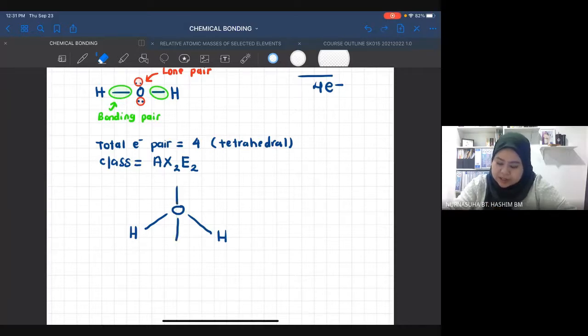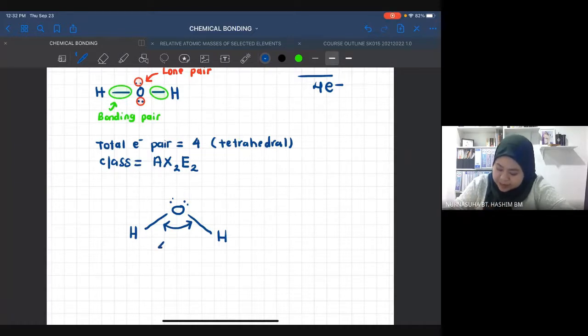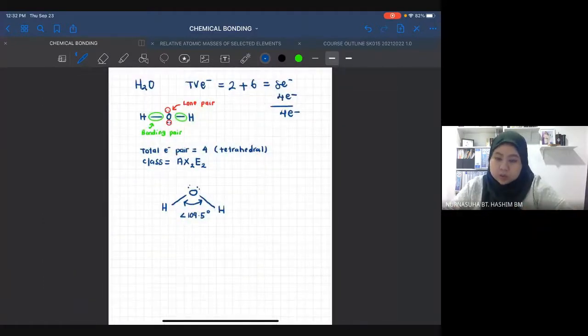Originally, if there are 4 total electron pairs, the shape should be tetrahedral. But for water, there are only 2 bonding pairs, and the other 2 are not bonding, so we delete 2 bonds, one on top and one at the bottom. That is how we get this structure for water with lone pairs 1, 2, 3, 4. So its bond angle is less. For tetrahedral the bond angle should be 109.5, but for water, the bond angle is less than 109.5 degrees. So that is for water.